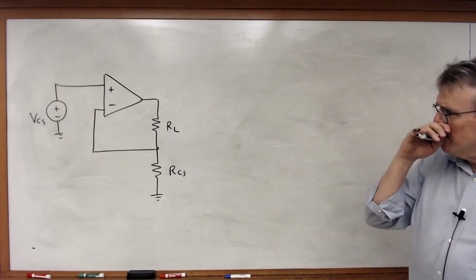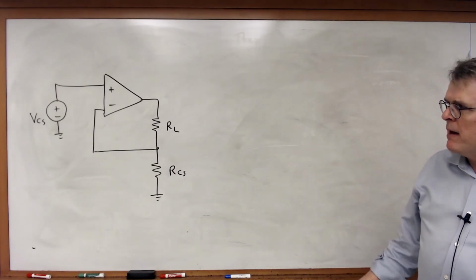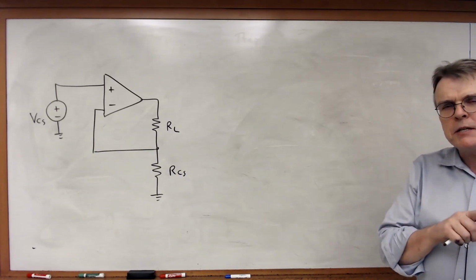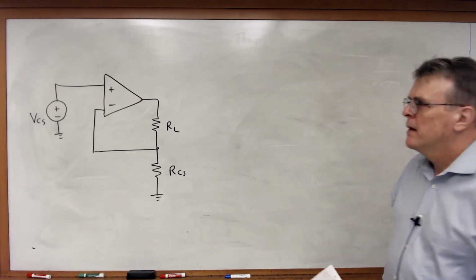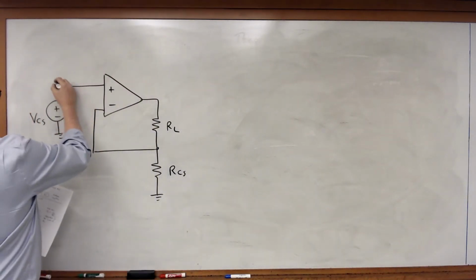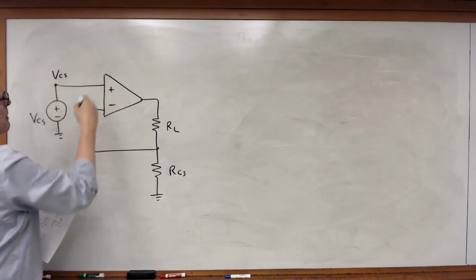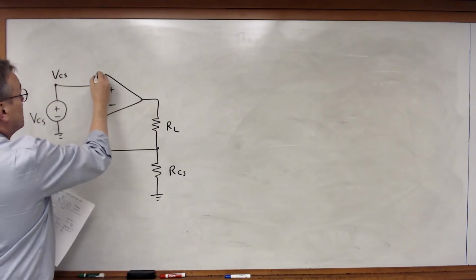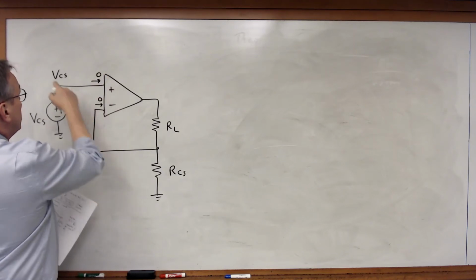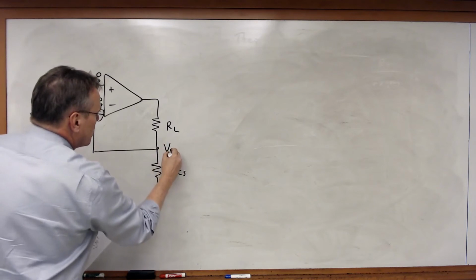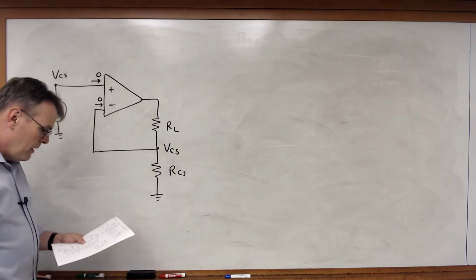Now you take one quick look at it, it looks kind of like it might be a non-inverting amplifier, but this actually is used for a different function. In this case we've got VCS as the voltage at the non-inverting input. We have negative feedback, input currents are equal to 0. If I've got VCS here, I've got it there, which means this voltage must be equal to VCS.